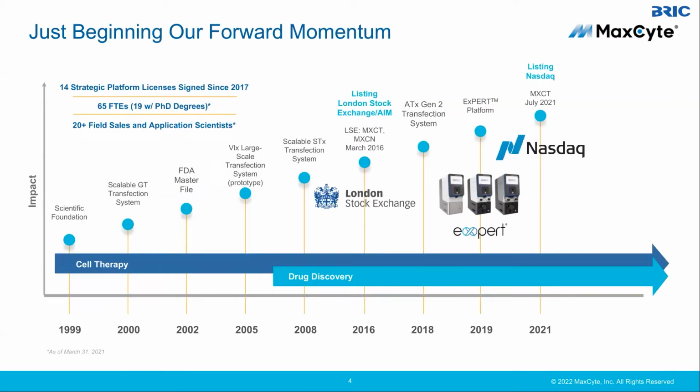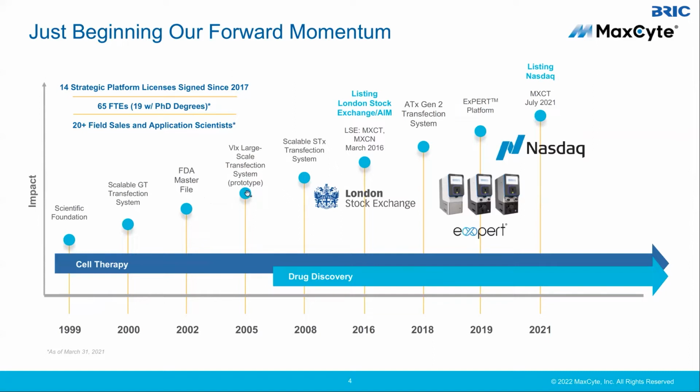MaxCyte was first founded in 1999. We've been doing electroporation for 20 years. We have a scalable electroporation platform, which means we can electroporate from 100,000 cells to 20 billion cells. We also have an FDA master file, which helps with regulatory filing of your cell therapy product.